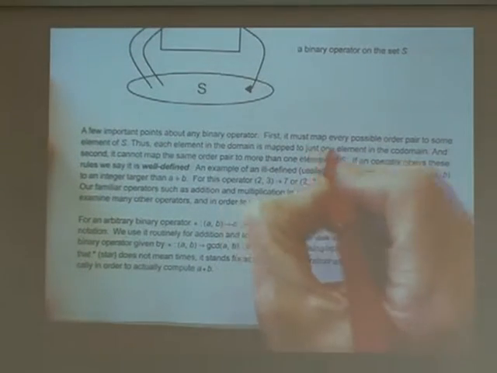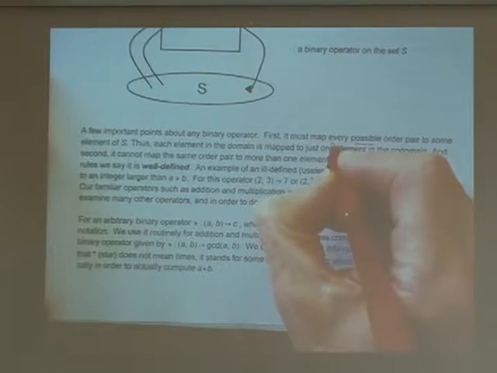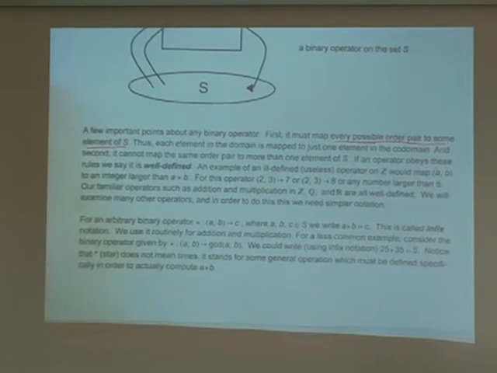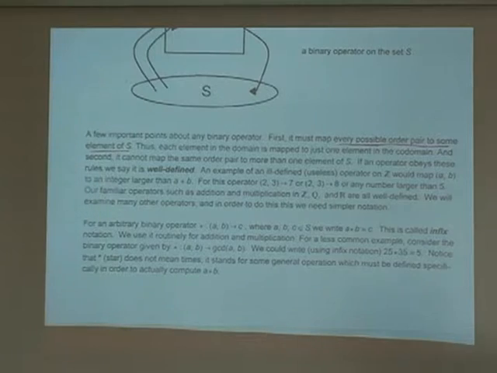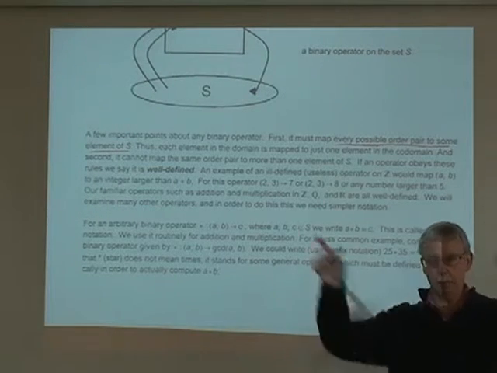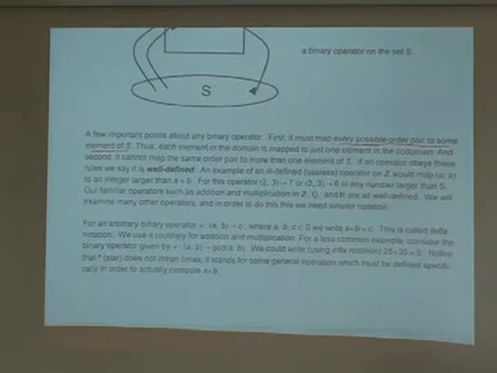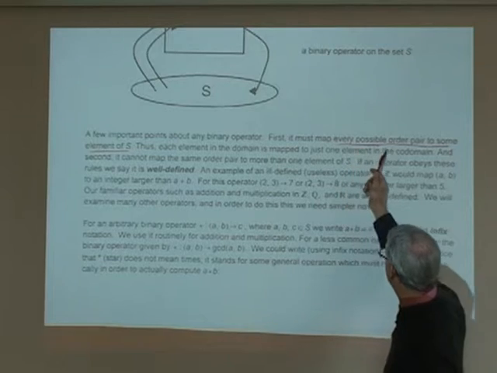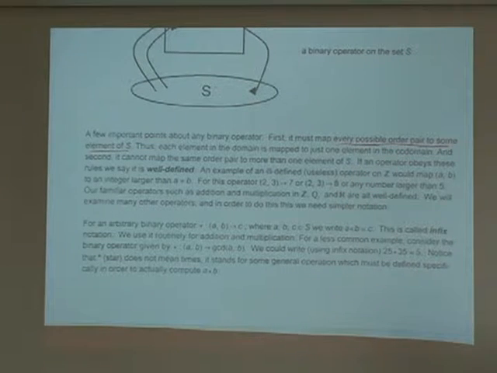It must map every possible ordered pair to some particular element of S. And to be a function, it can only map it one place. I can't take one element and map it two places. Otherwise, I fail the vertical line test. So each element in the domain, S cross S, is mapped to just one element in the codomain, S.